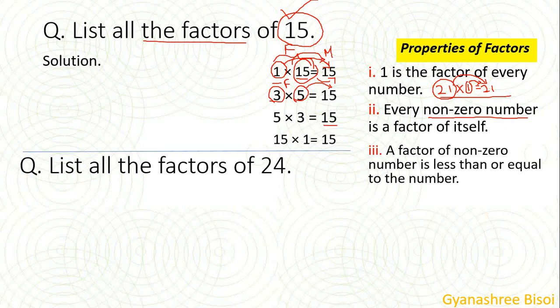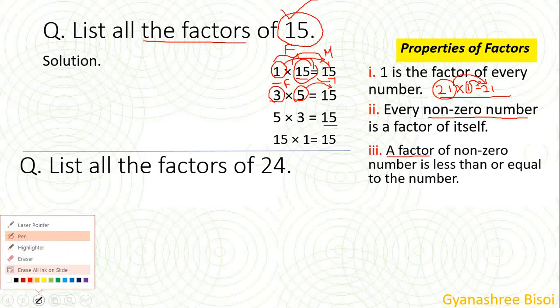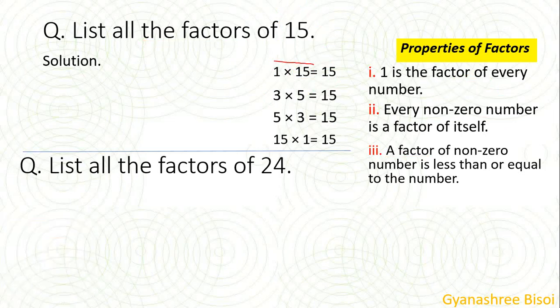In the case of multiples, what we have studied, multiples are always greater than or equal to their factors. Now, look at the factors of 15.